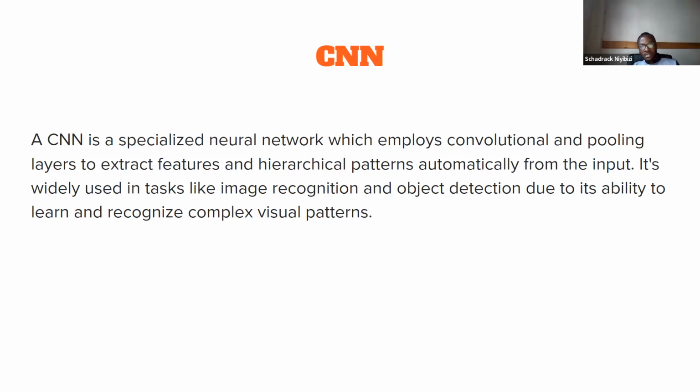For MLP, we've been using linear layers as the special component. But for CNN, we are not using linear layers. We are just using convolution layers and also pooling layers. So the main focus for CNN is feature extraction. That's the main focus for the CNN.